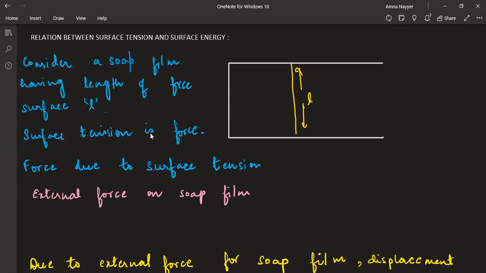Now, force due to surface tension was force per unit length. Class, whenever we are referring to a soap film, please make it a point to remember that it means double the length. You will double the length for a soap film. This is a very, very important point.